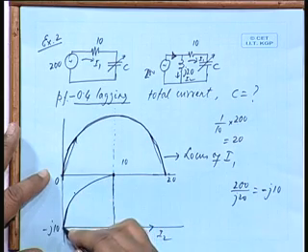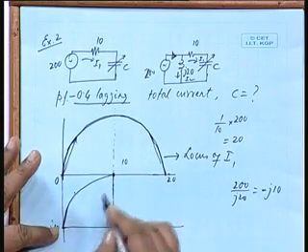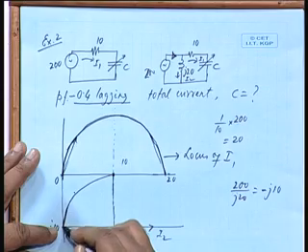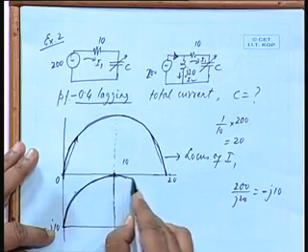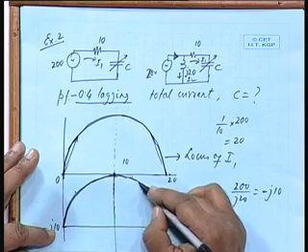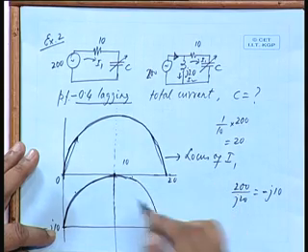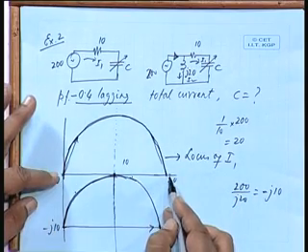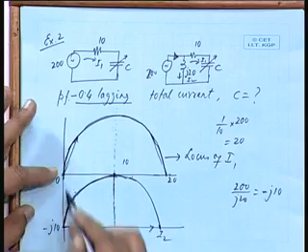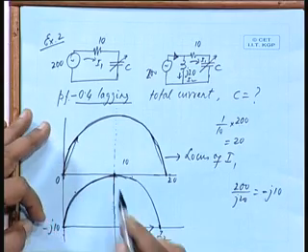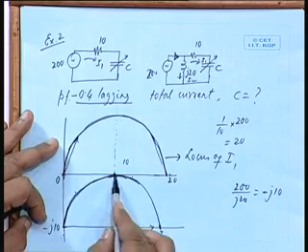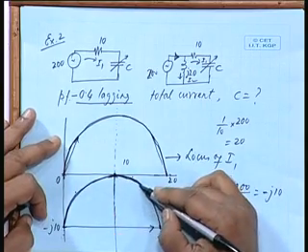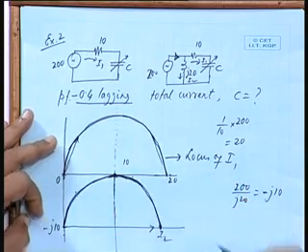In this particular example, it so happens this is 10, this is also 10. That means the diameter was 20, so the radius was 10 and this side the shift is also 10. So, it so happens that it is touching this foot of the semicircle. It need not be so in all the cases. Okay.